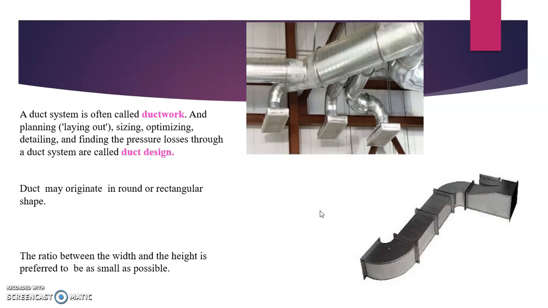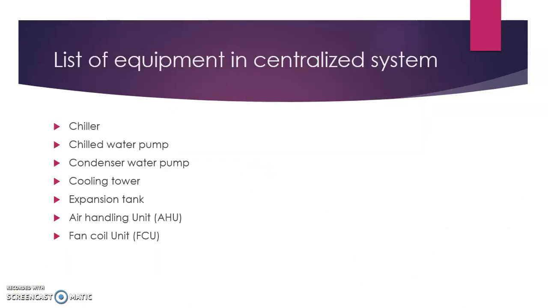For example, there will be the plumbing system and the electrical system. That's why ducting takes a lot of space above the ceiling, so we have to make sure the width and the height are as small as possible and fit the ceiling.